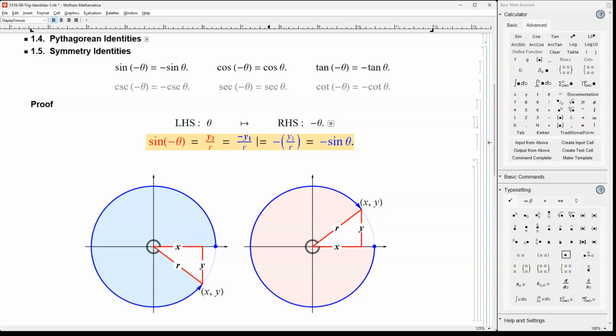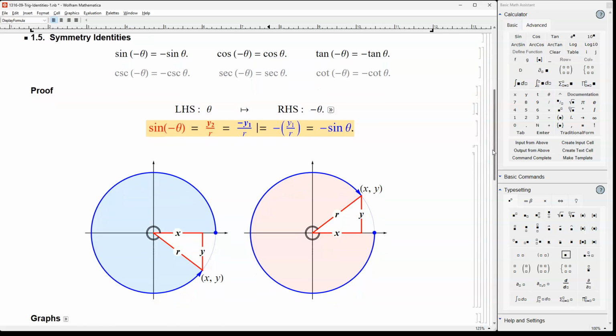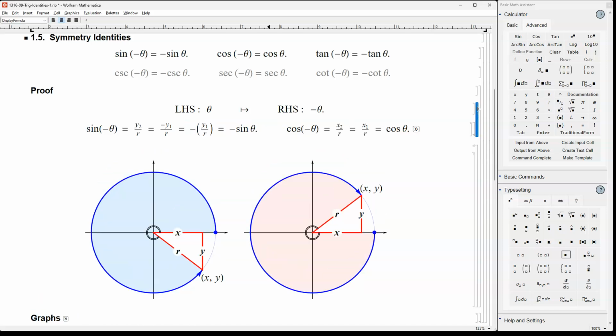Now, can you do the same to cosine? Stop the playback and try. Well, if you do the same thing to cosine, this is what you're going to get. So cosine of negative theta from the second picture, we have to look at the x-coordinate of the second picture, x2 over r.